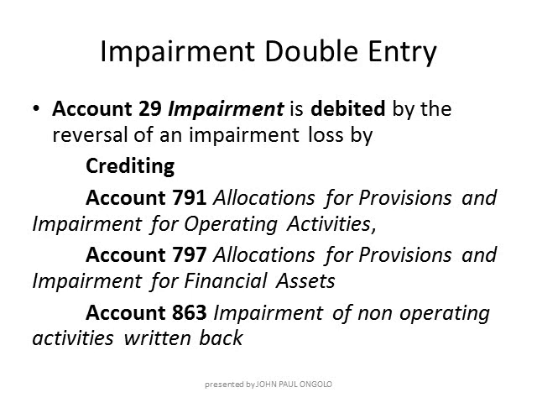But account 29 impairment is debited when we have a reversal of an impairment loss. It means maybe in a subsequent year we want to revalue an asset that was previously impaired.